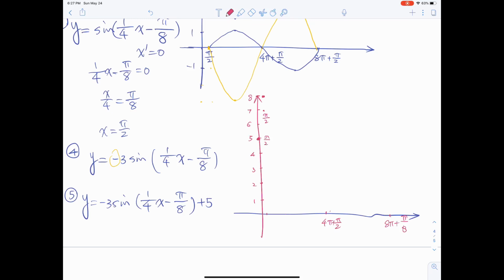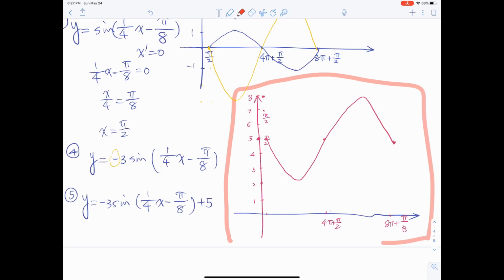This is pi over 2, 4 pi plus pi over 2, 8 pi plus pi over 2. Goes from 8, starting from 5 to 2, goes up until reaching 8, and that is our graph. It goes very much off the chart. Whew.